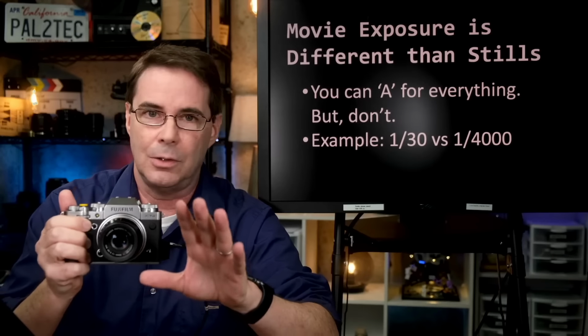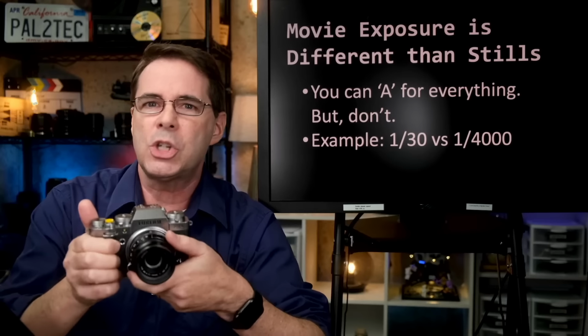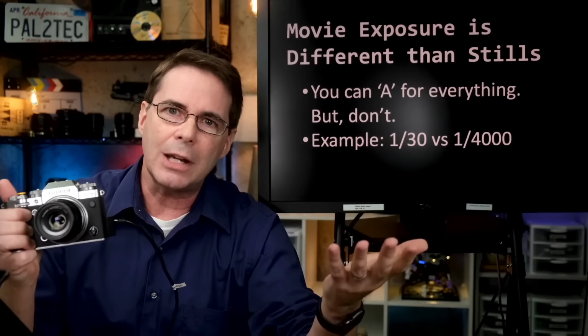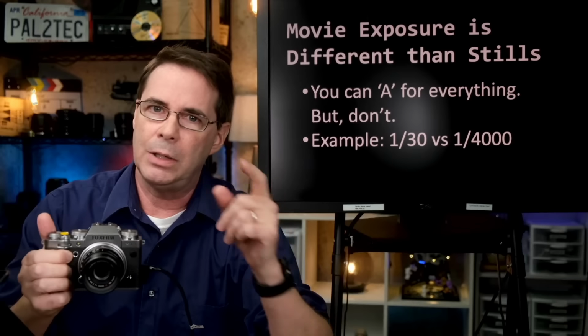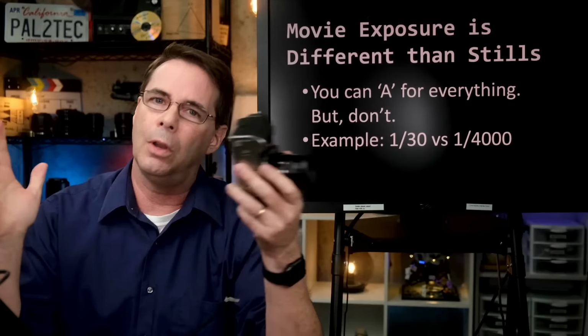Does that make sense? Okay, think about that for a minute. When you're shooting stills, if you can control all the other aspects, then your shutter speed is not that important. But with video, it is a whole other ballgame.